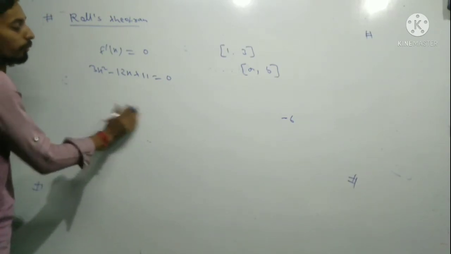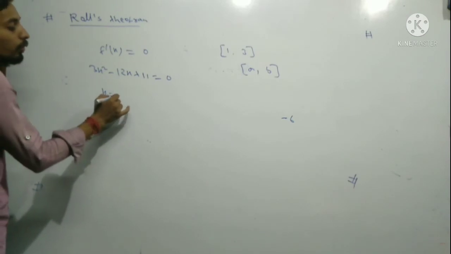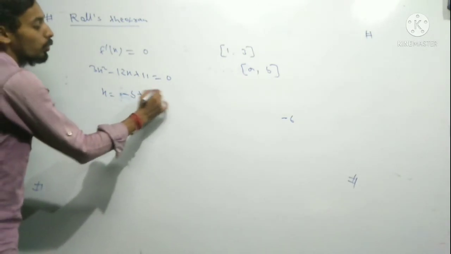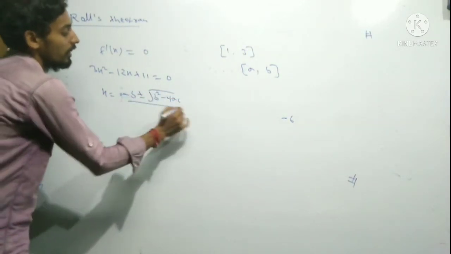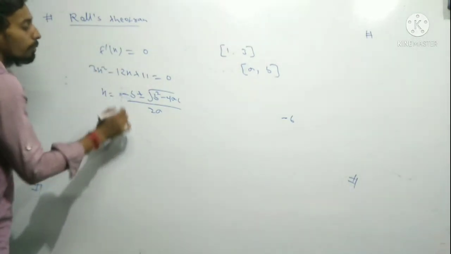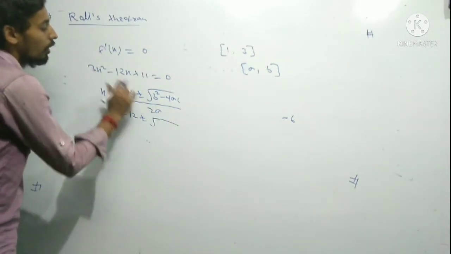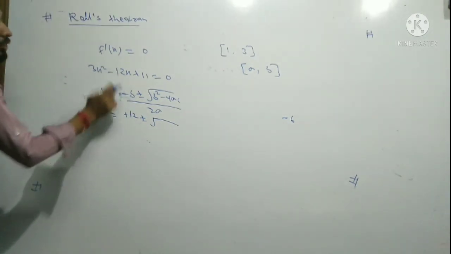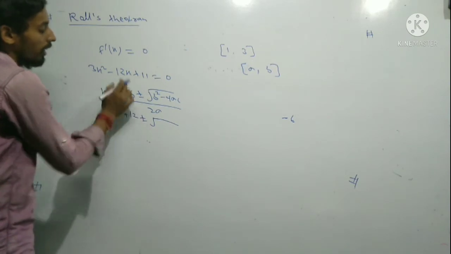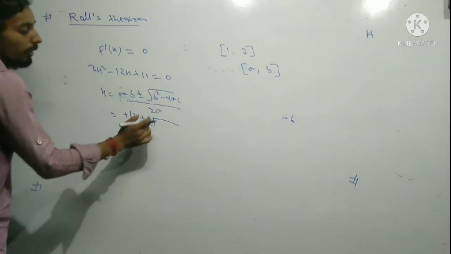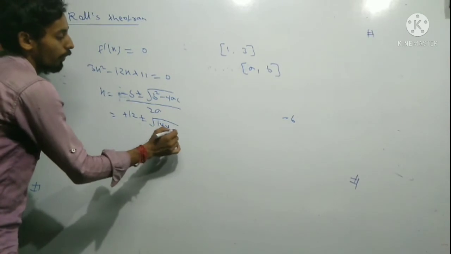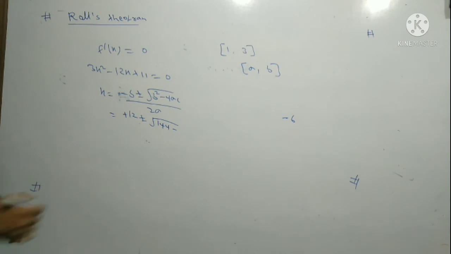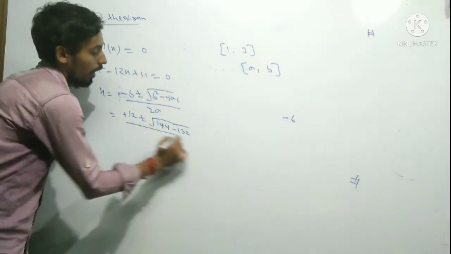What is the Sridharacharya formula? The Sridharacharya formula is x equal to minus b plus or minus the root of b square minus 4ac, divided by 2a. So minus b is minus of minus 12, which is 12, plus or minus the root of b square. 12 square is 144. 4ac: 4 times 3 is 12, 12 into 11 is 132.